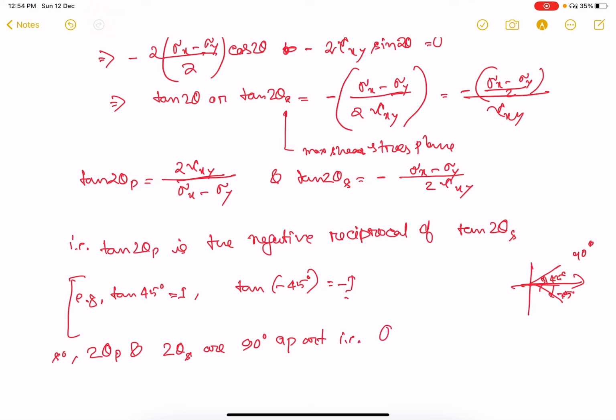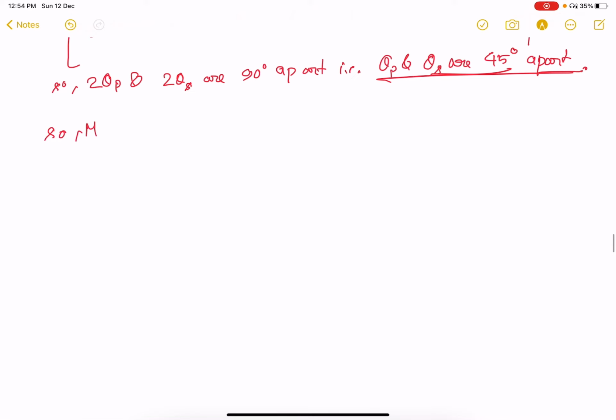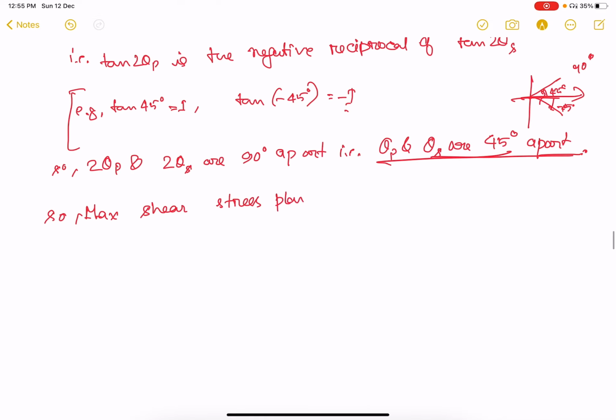That is, θp and θs are 45 degree apart. This is another important statement: maximum shear stress planes occur at 45 degree apart from the principal planes.